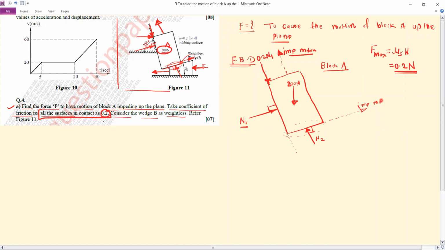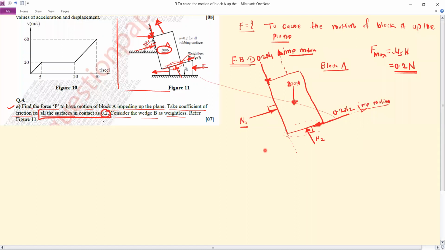Actually, this is a relative motion. When the wedge B is moving to the left side, the block A will move to the right side relative to wedge B. Now you can show the friction force exactly opposite to the impending motion. This is the friction force at this contact surface, and its value is equal to 0.2 into normal reaction N2. So here we have shown all the forces.